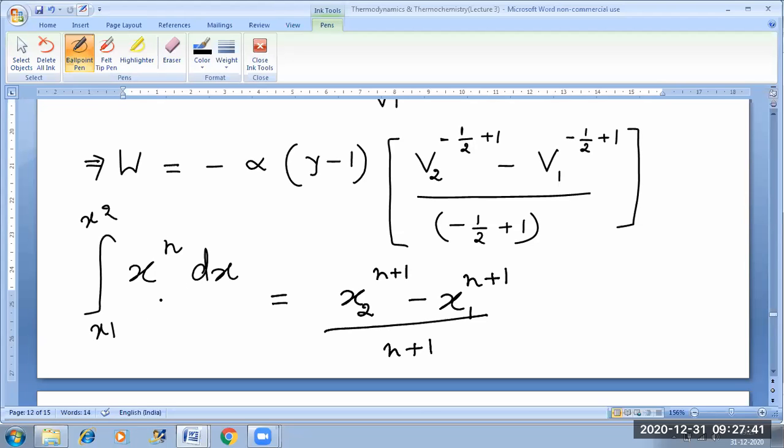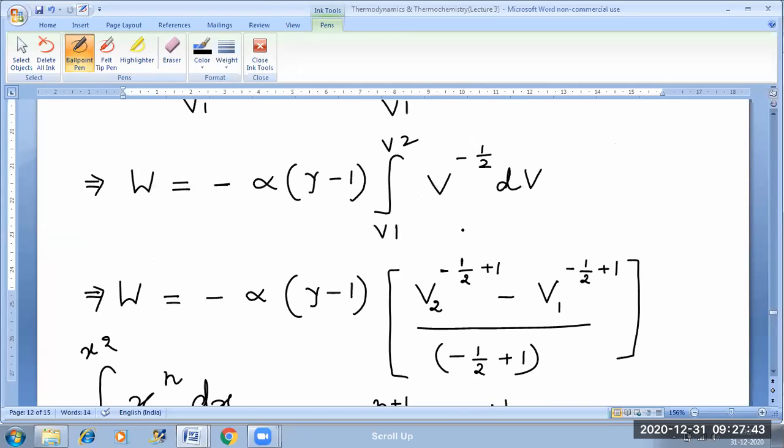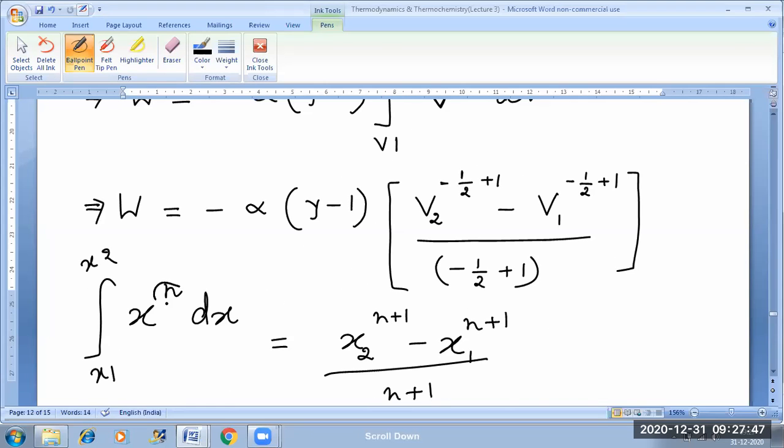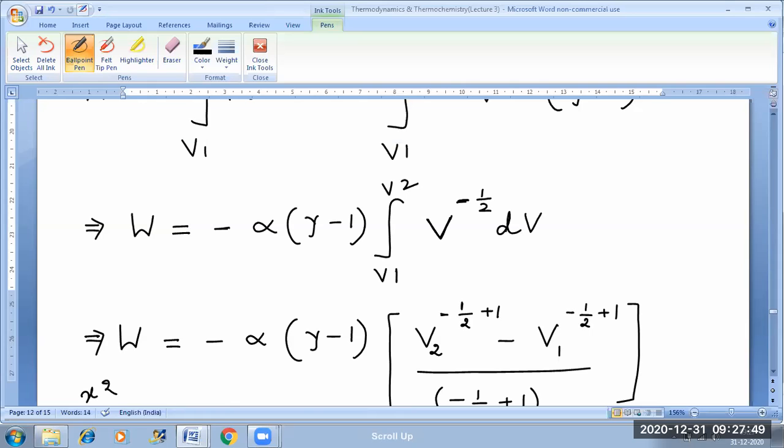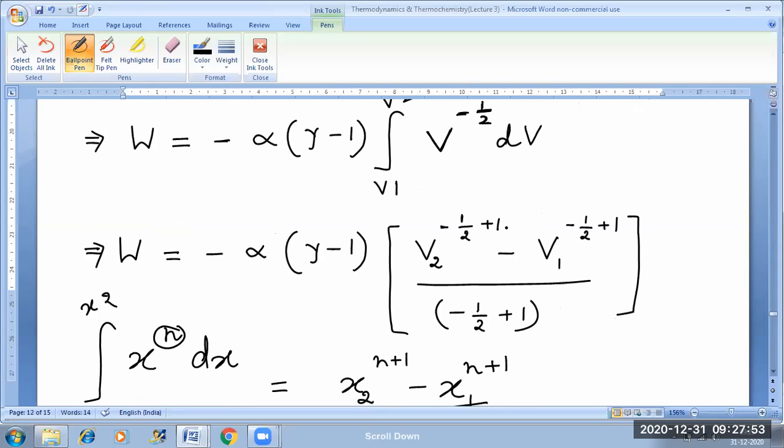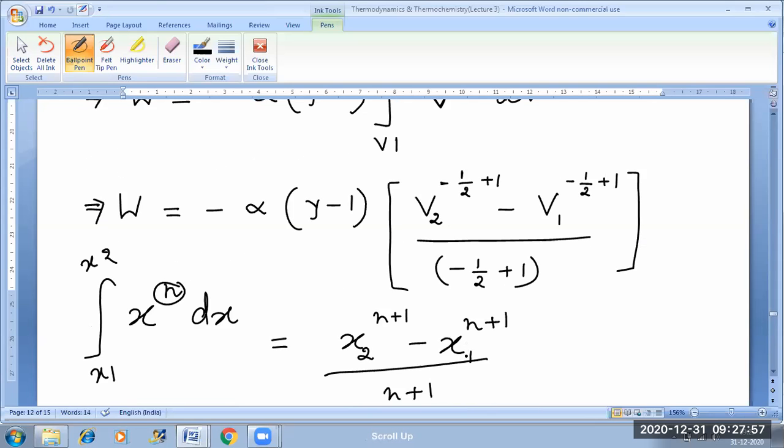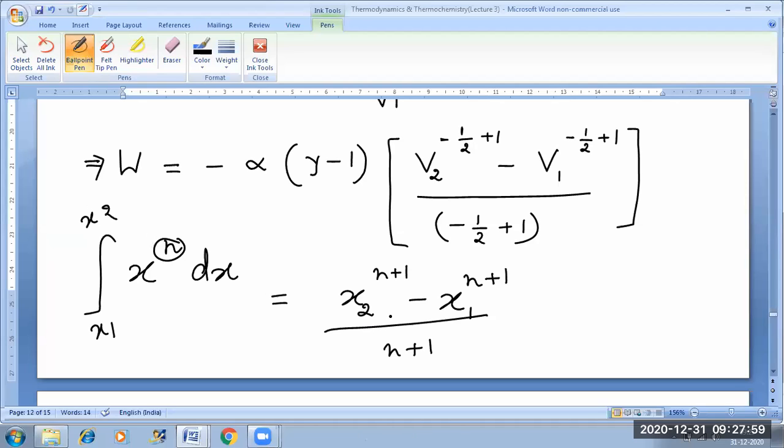So instead of x, I have V here, and instead of n, it is minus half. The power of V is minus half. So I've used this same formula. You must know this formula. This is the fundamental formula of integration, and this will be required ahead also.